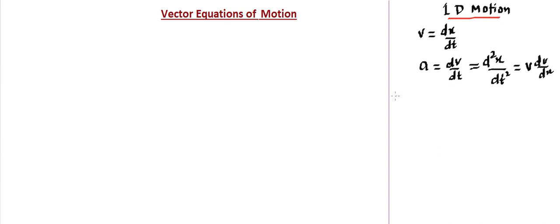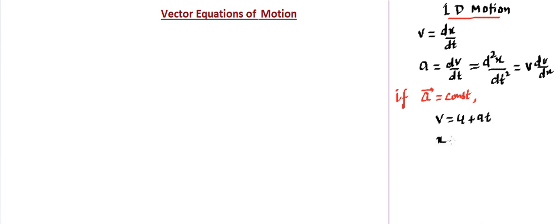And in particular, if a is a constant, if a has a constant magnitude as well as direction, so if a is constant in that 1D motion, we are able to write some simplified version of these equations, and we remember there are four equations. First is v is equal to u plus at.